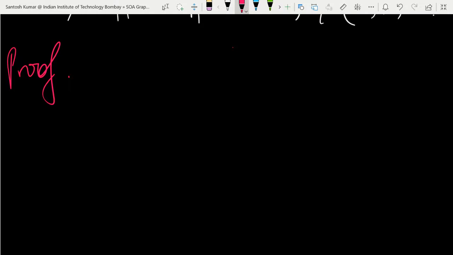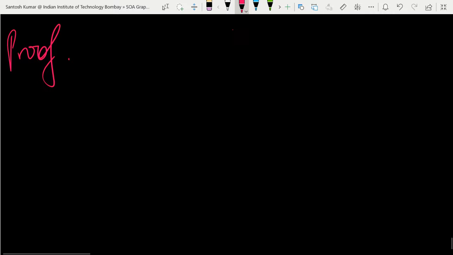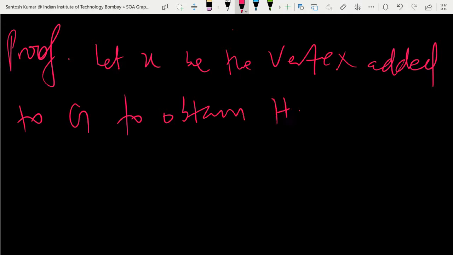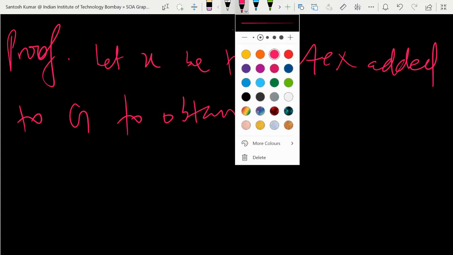Proof. As I started, let small x be the vertex added to G to obtain H. That x is actually due to K1.